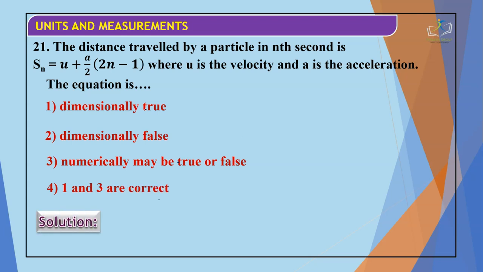Let us see the solution of this question. So according to the dimensions, as you can see, the LHS dimension is completely different from the individual dimensions of each term of the RHS.